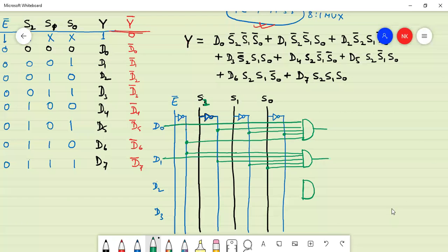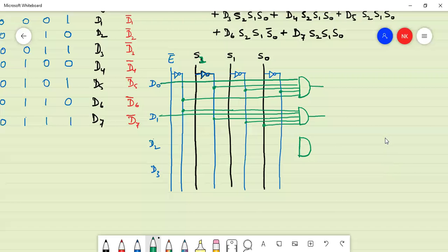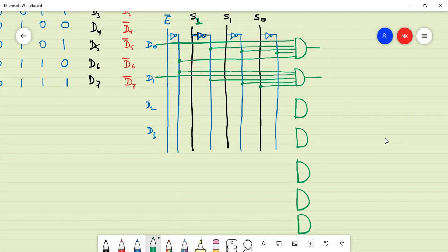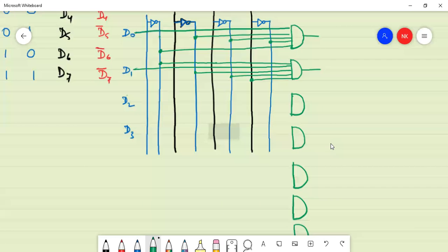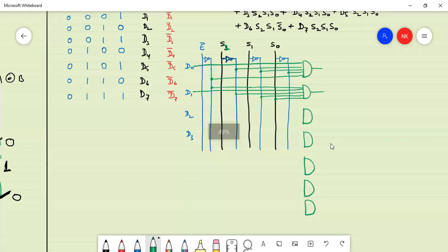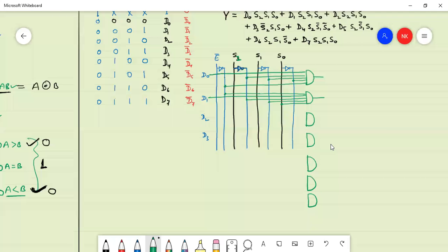Let me draw it for you. You will complete this circuit.